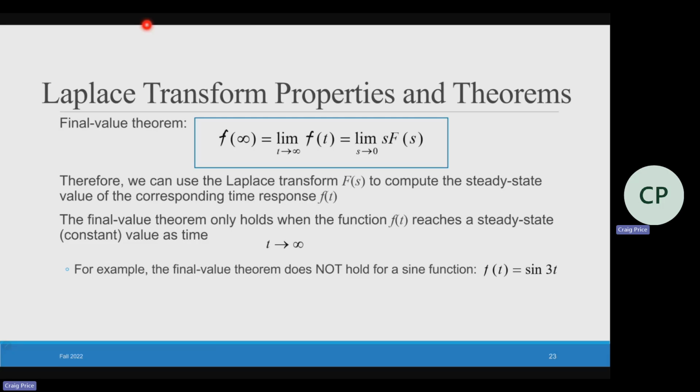Again, this has to be some kind of steady state value. So you can think of it as my output steady state. If I want to find that, there's a few ways to do it. If I have the time function, I can just take the limit as t goes to infinity. That will tell me what that final value is.